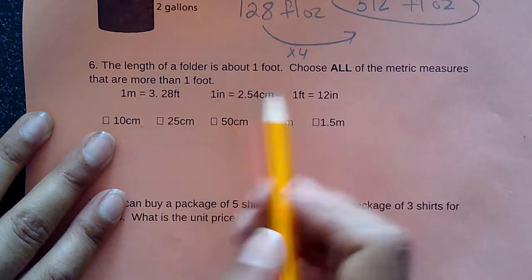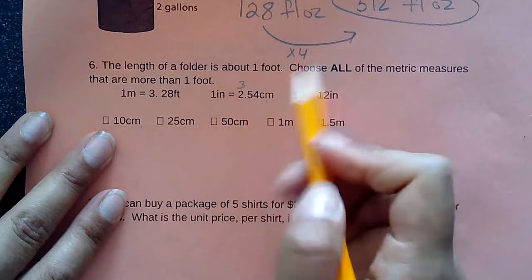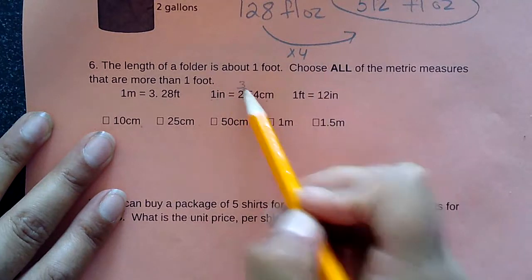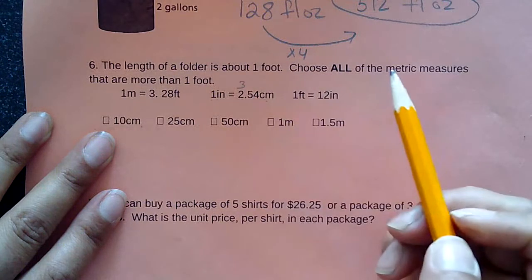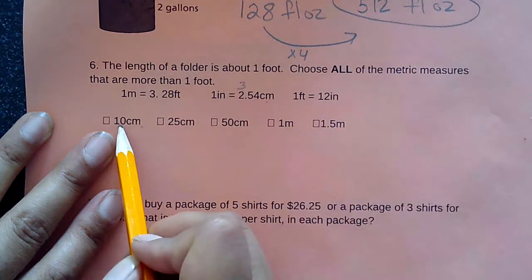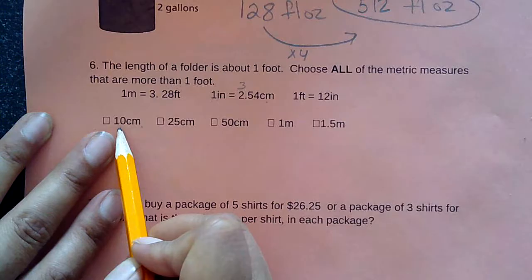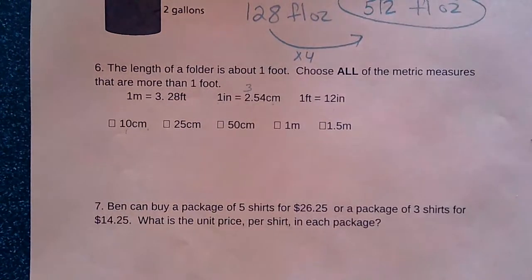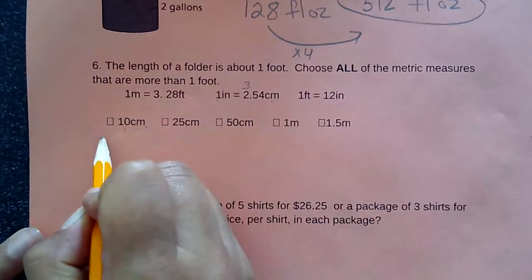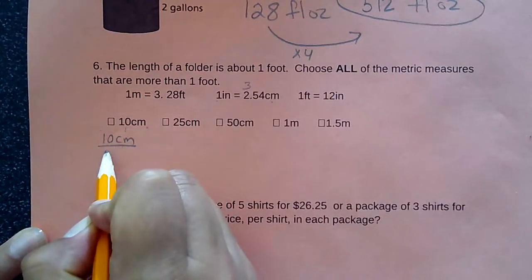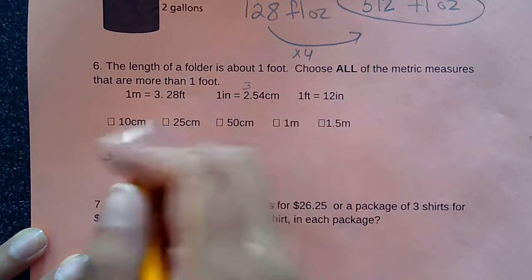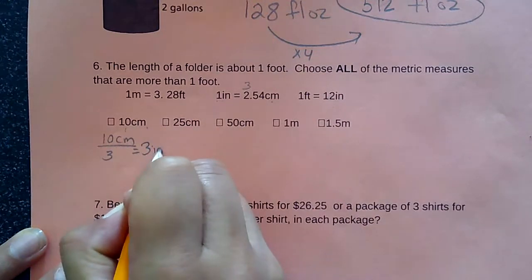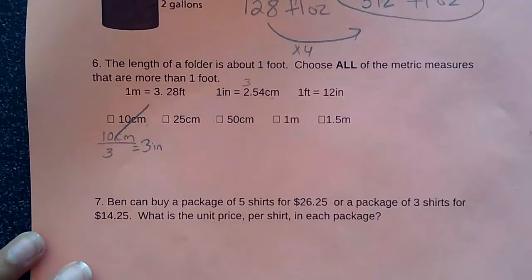Well, if we round this to, let's say, 3 centimeters, 3 times 3 is 9, but I need 10. So let me see, 10 centimeters. Let's do 10 centimeters divided by 3, because I'm going to round it. That's about 3 inches. So this is not 1 foot.